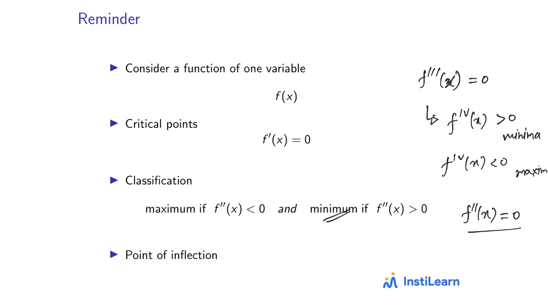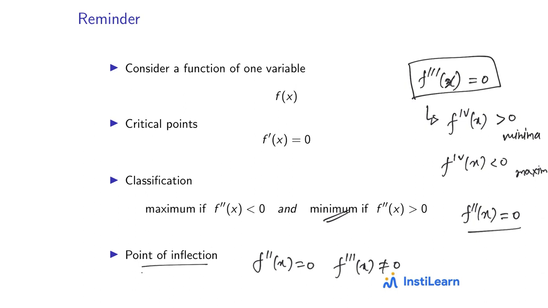Okay, if f triple prime x is not 0, then it is said to be a point of inflection. So f double prime x is 0 and f triple prime x is not 0. At that point we can't say anything about the maxima and minima. It's usually the point where the curvature of the function changes its sign.